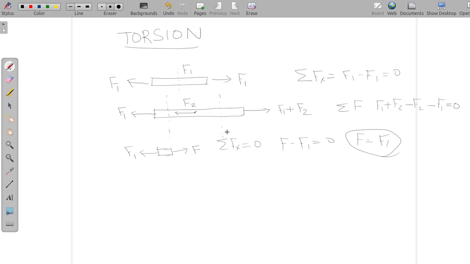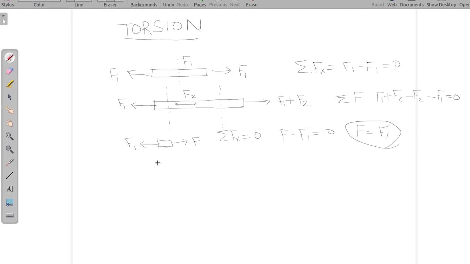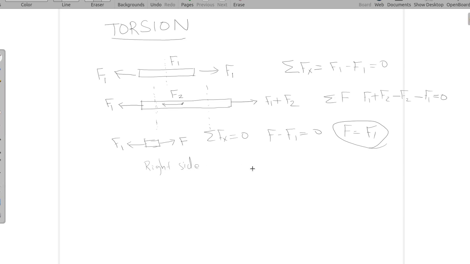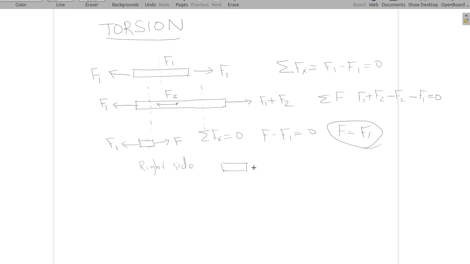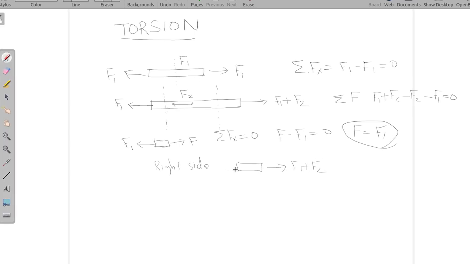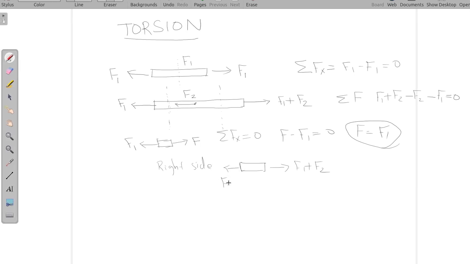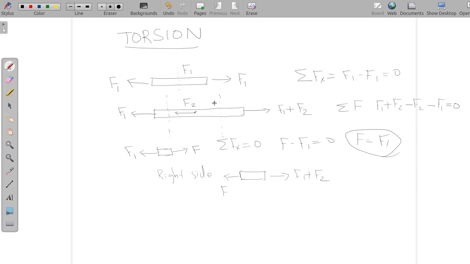If you take the right side part, on the right side you have F1 plus F2, and on the left side you have the internal force resultant which you need to calculate.